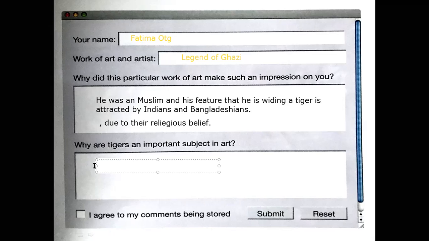Okay, now, why are tigers an important subject in art? For example, the Japanese did it, India did it, even the British, and as well as the German artist, he also drew and painted the tigers. Why draw tigers that much?